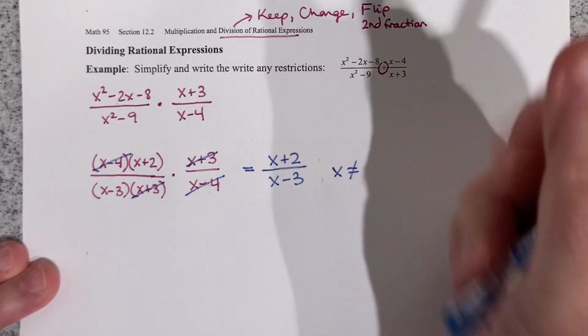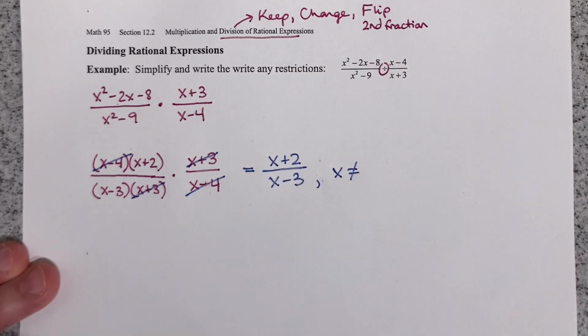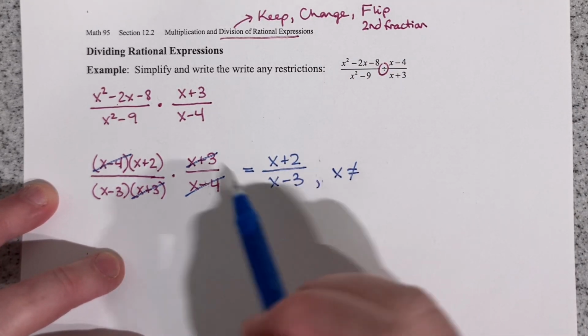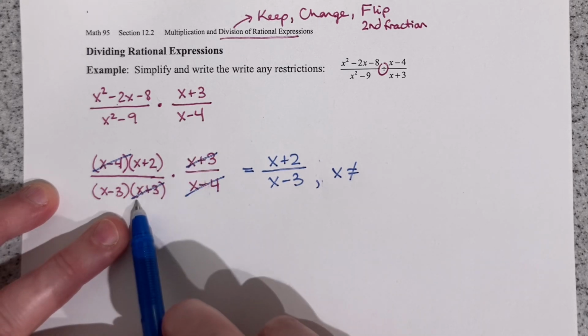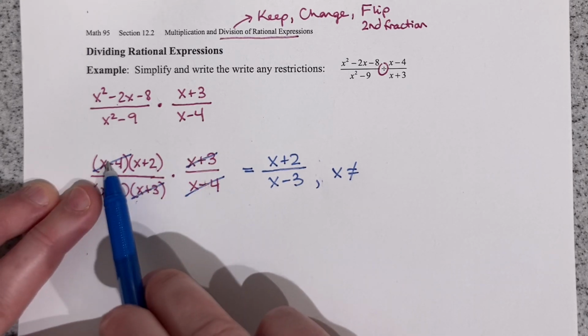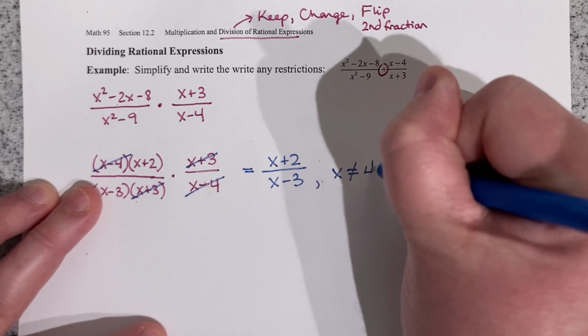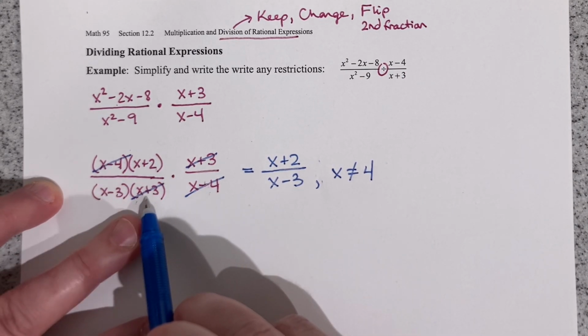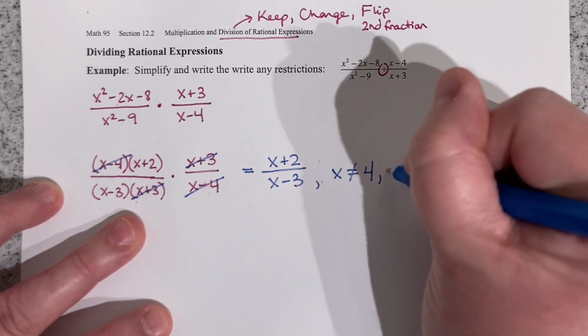So usually we just put like a comma here, and then we list what x cannot equal based on the factors that just canceled. So the first factor that canceled, x can't equal 4, because that would make these 0. This factor, I can't have x be -3.